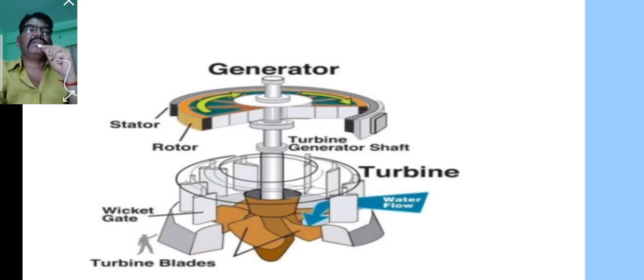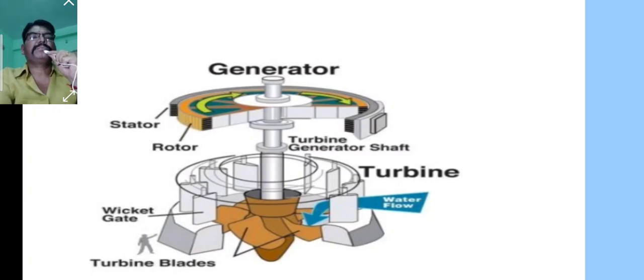In the bottom diagram, you can see the turbine, the wicket gates, and the turbine blades. You can see how the water flows on the blades of the turbine, so that the turbine rotates and mechanical energy is produced. As the turbine and the generator are connected on the same shaft, there is a generation of electricity.